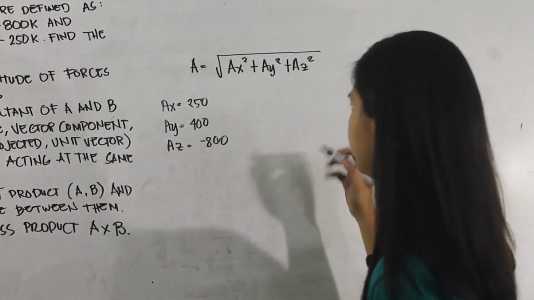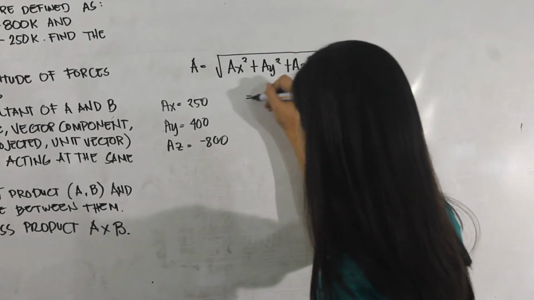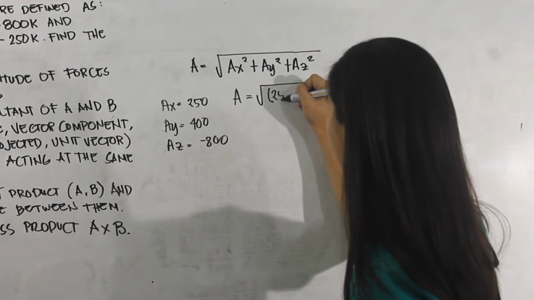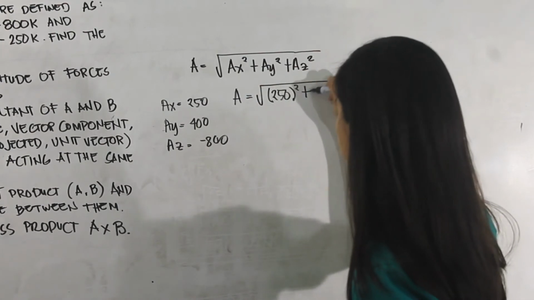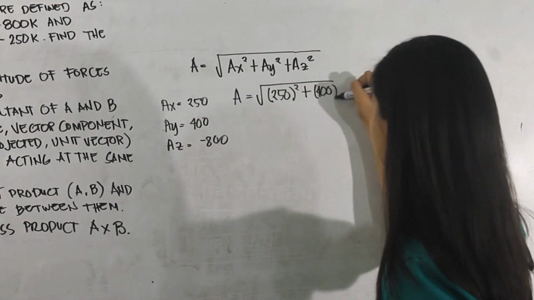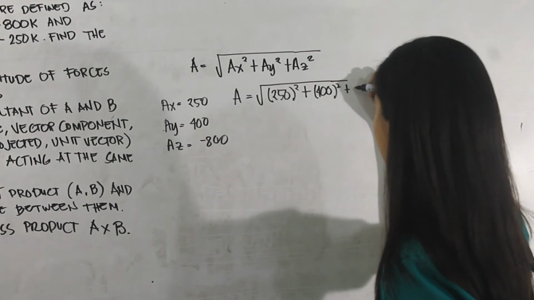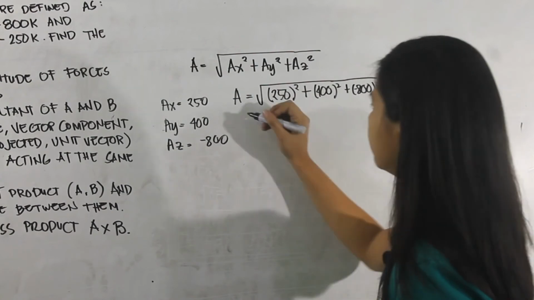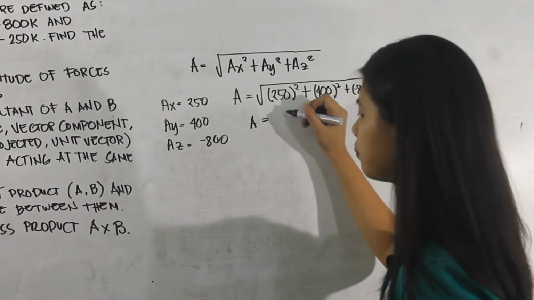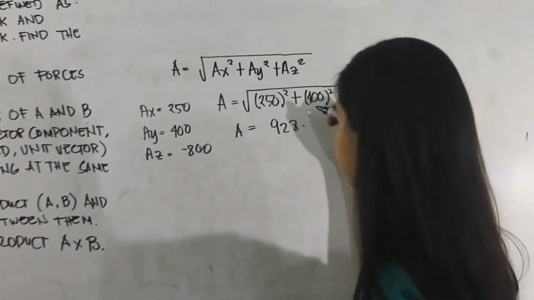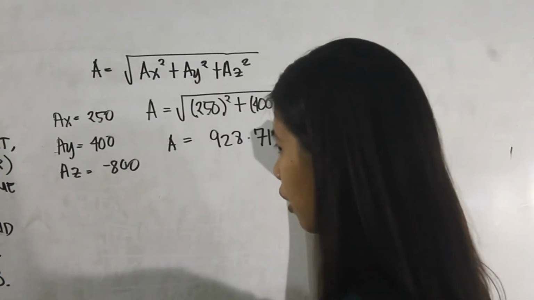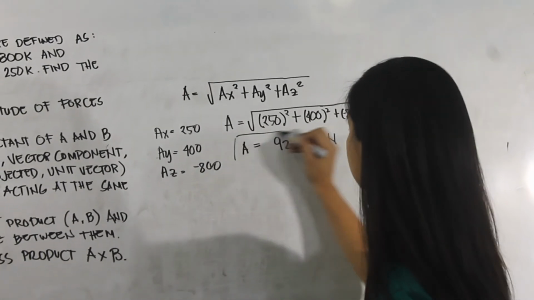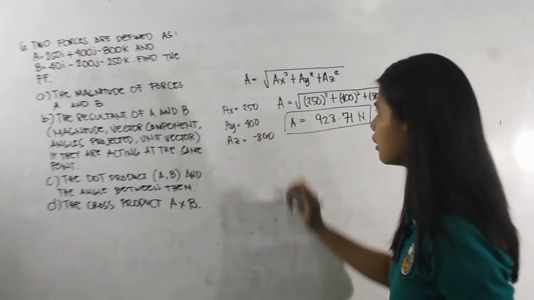Now, let's substitute the following. For A, it's just the square root of 250 squared plus 400 squared plus negative 800 squared. And the answer will be 928.71 Newton.